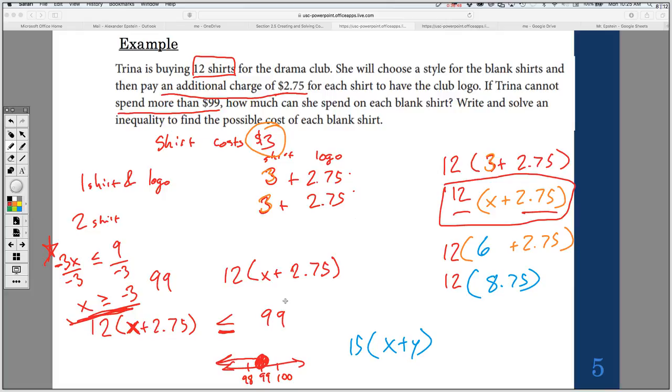All right, what did you do first? So when solving this problem, are you guys ready? What did you do first?